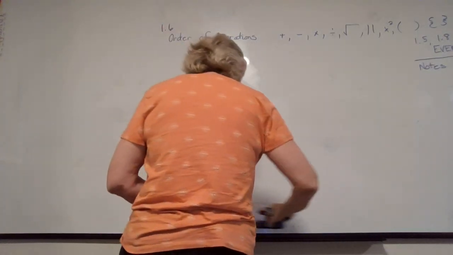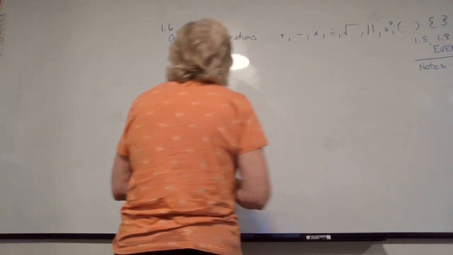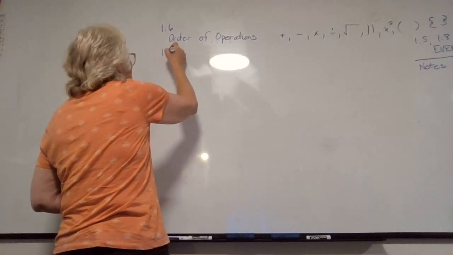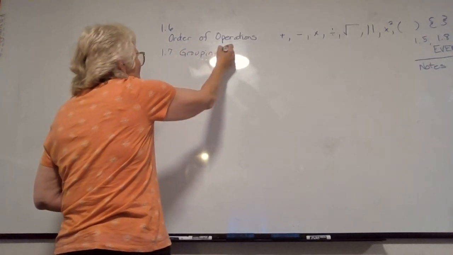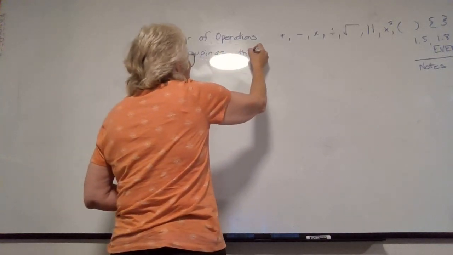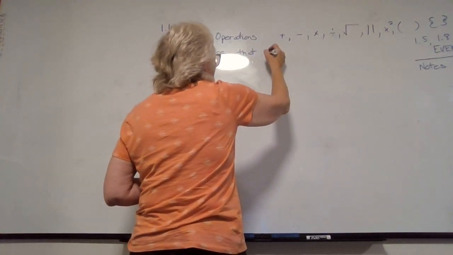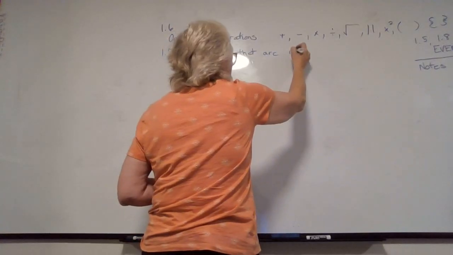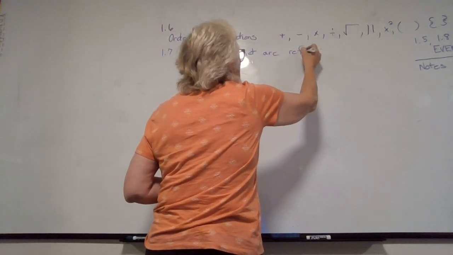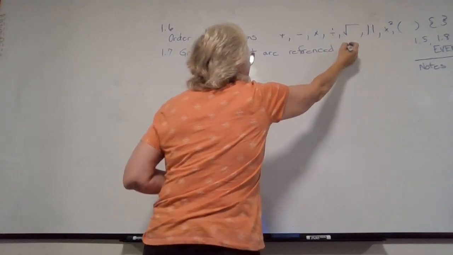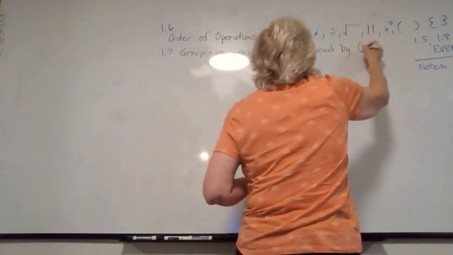So we're going to look at 1.7. 1.7 is just going into the groupings that are referenced by parentheses.